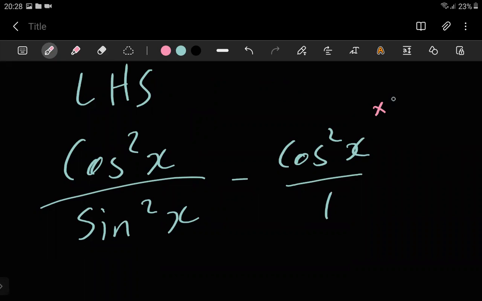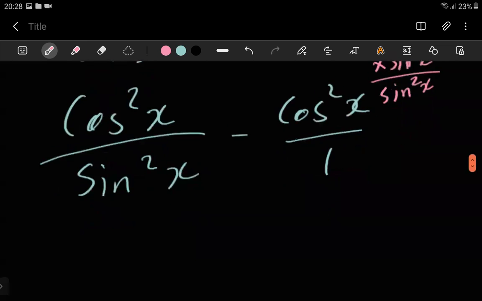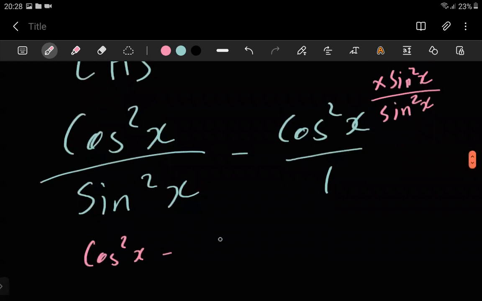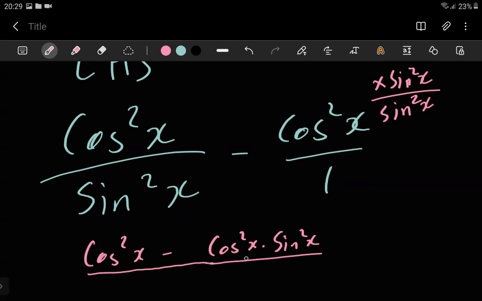So times sine squared x over sine squared x. You're going to have cos squared x minus cos squared x times sine squared x, the whole thing over sine squared x.